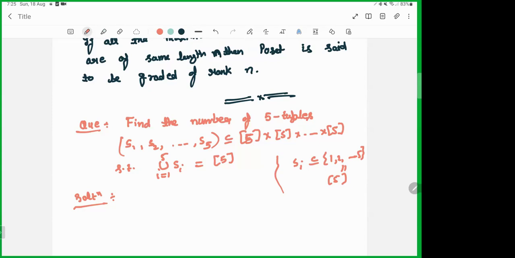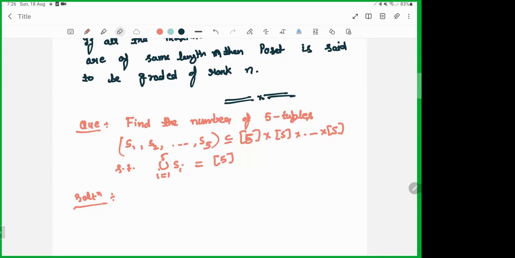So can you think how to proceed to such questions? If he asks for single elements, then it is more or less easy, it is not difficult. The set is five tuples, so it is ordered, and if the union is 5, then it's basically a string of length five, so five factorial.